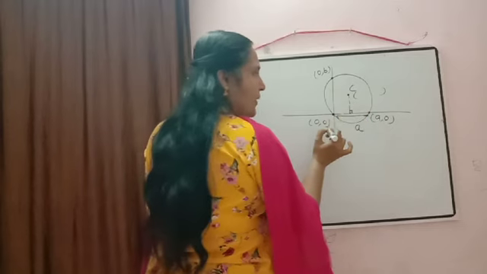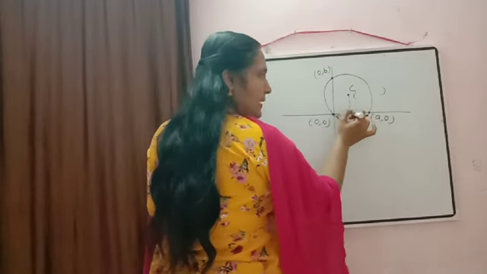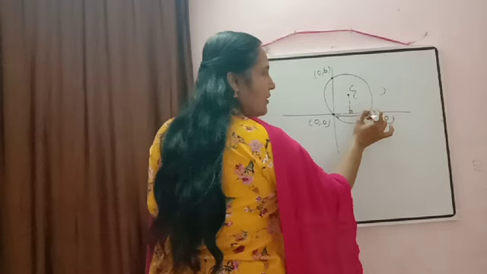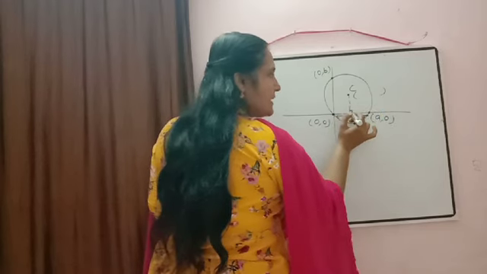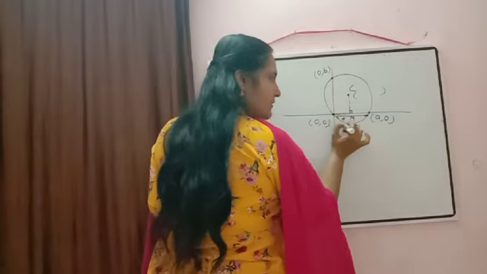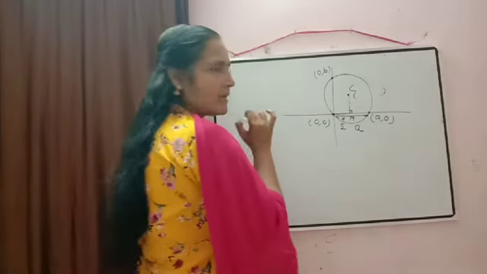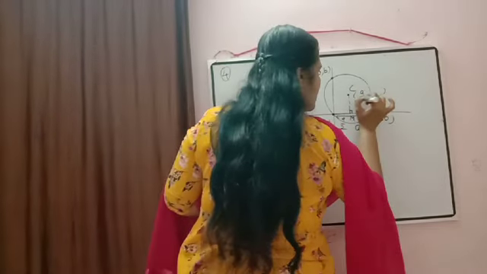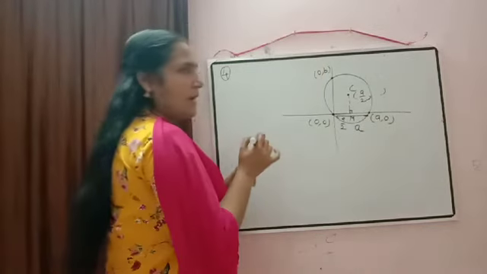So the perpendicular bisects the chord. Suppose this is M. The distance from O to M will be half of A, that is A by 2. So the x coordinate we got is A by 2.